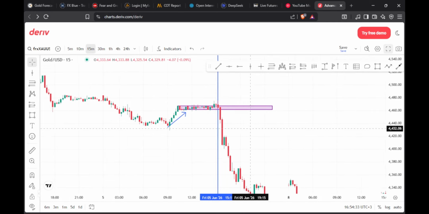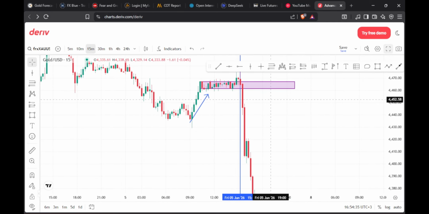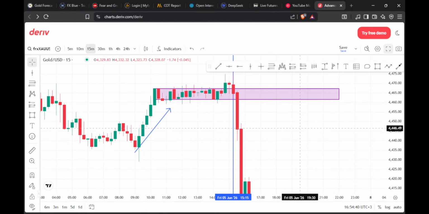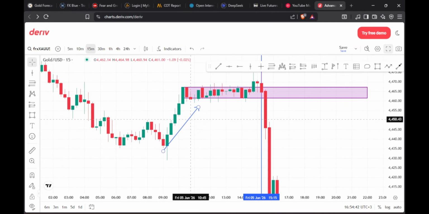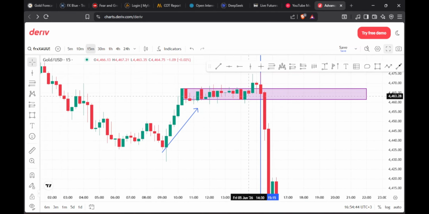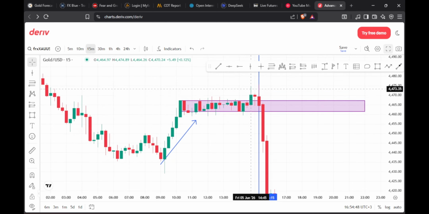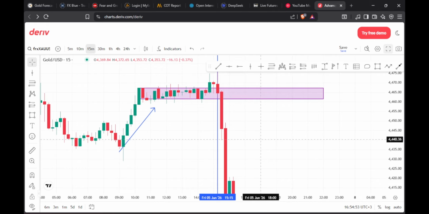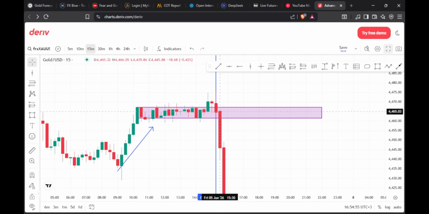Now here we can see that we had a trading range in the 15 minutes time frame. This trading range broke out with a candle closure to the upside. But before the news, what we want to see is a candle, maybe 5 or 10 minutes before NFP or any other news, any other event.